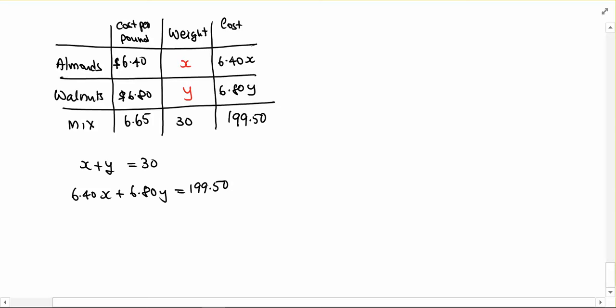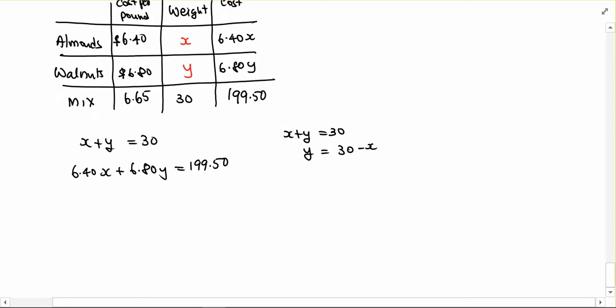So let me take that first equation and solve for y. So I have x plus y equals 30. So y would be 30 minus x. So I can put that into the second equation instead of y.